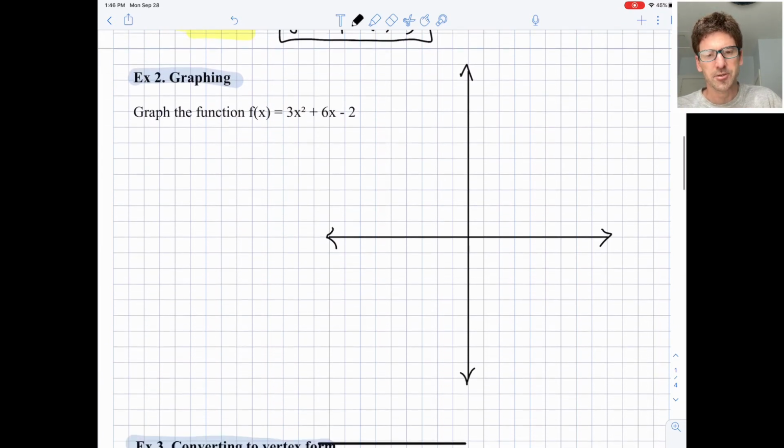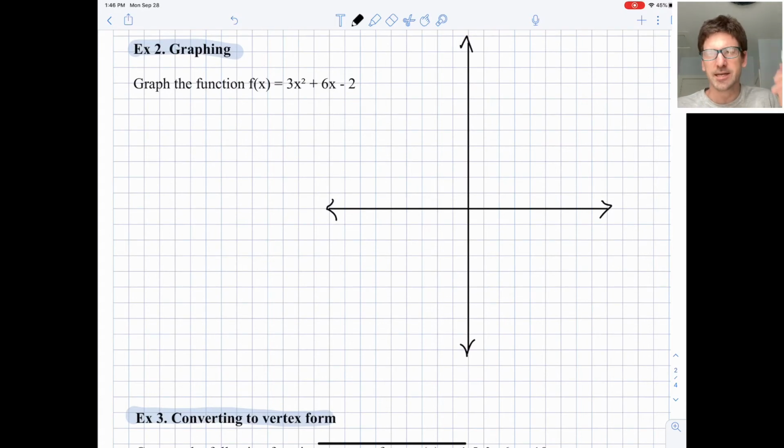All right, let's do one where we're actually tasked with graphing it. So y equals, or f of x equals 3x squared plus 6x minus 2. And so I like to find the vertex first. And so let's find h first, which is negative b over 2 times a, which is going to equal negative 1. Okay? And now we need to find the k value of our vertex.